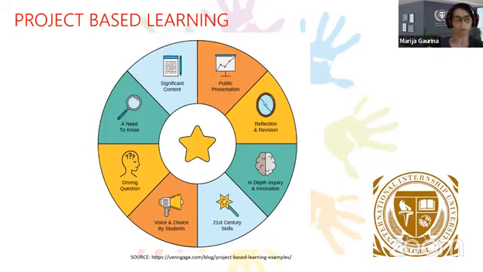The solution may take the form of a product, a presentation, a performance, or any other type of output that demonstrates their understanding of the problem and their ability to apply their learning. On this graphic, you can see these parts of project-based learning, eight icons.